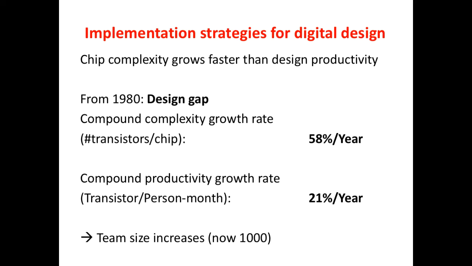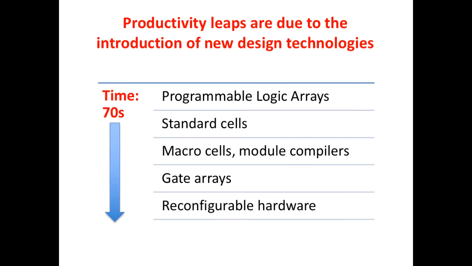Why it is possible that a designer can design more and more complex circuits. And actually, most of the productivity increase is due to the introduction of new design technologies from the 70s, the 80s, from the start of the era of design of microprocessors up to now.